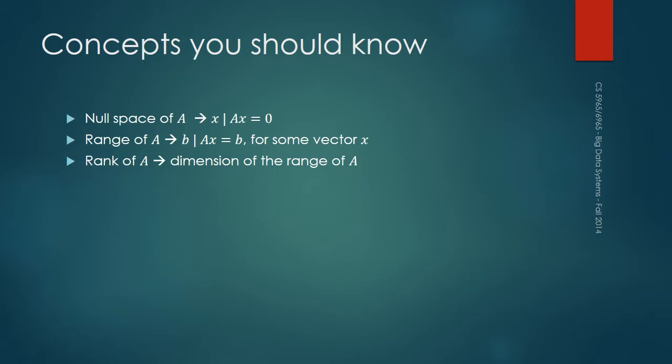The second set is that if I give you an arbitrary matrix now, and you want to look in terms of its columns defining a space, each of those columns can be thought of as a vector, right?